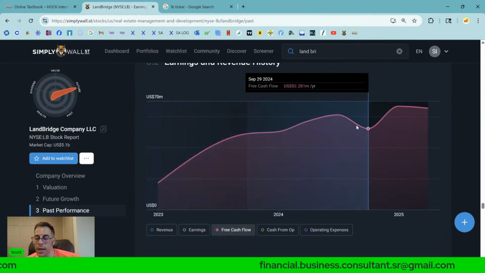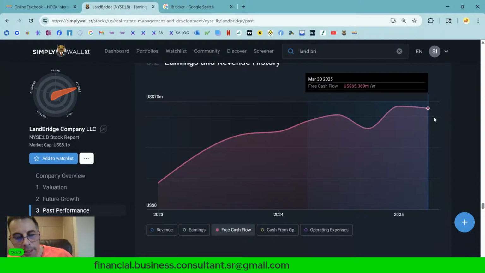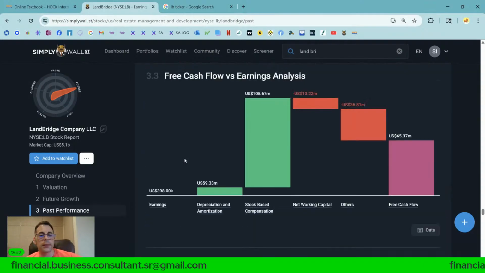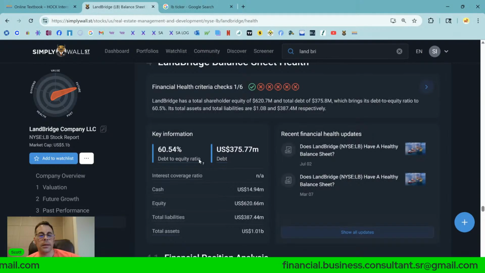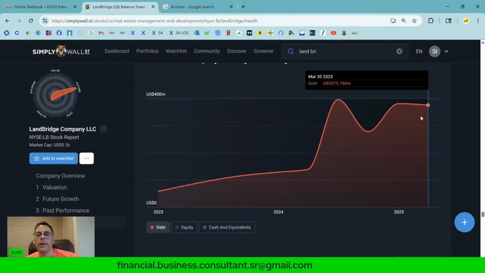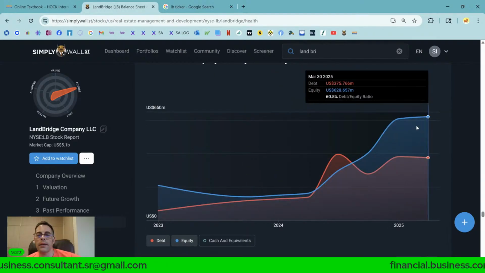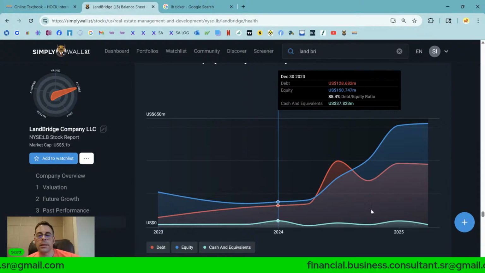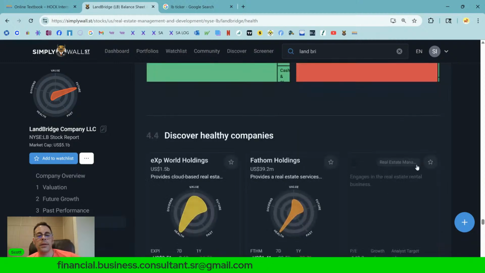And they have positive free cash flow every time period. What about debt? They probably have a lot of debt. 375 million of debt. Little cash. Their equity is 600 million, debt of 400 million. So not terrible.